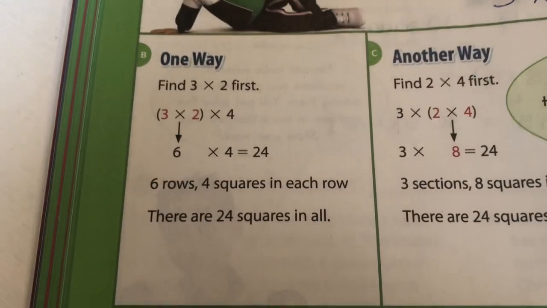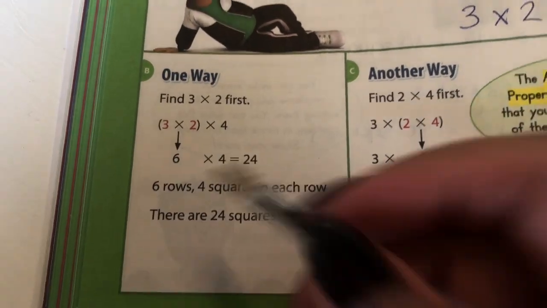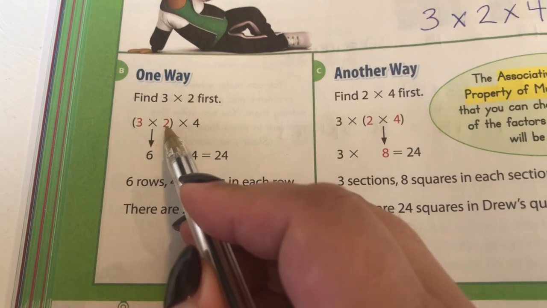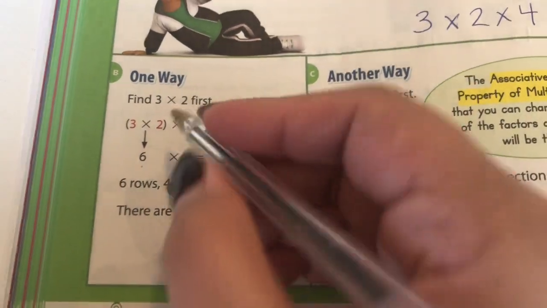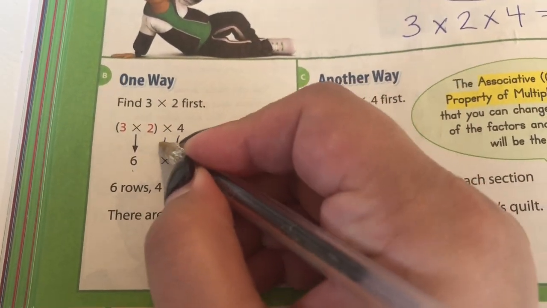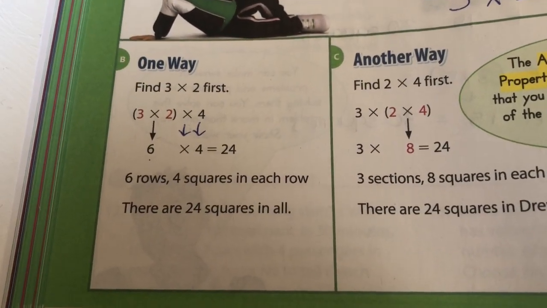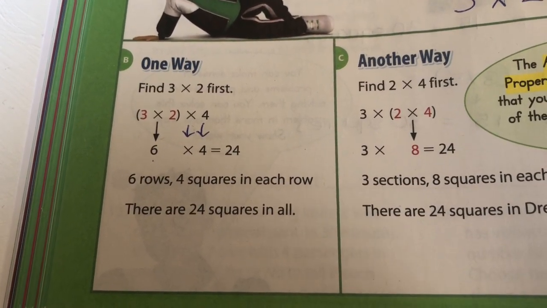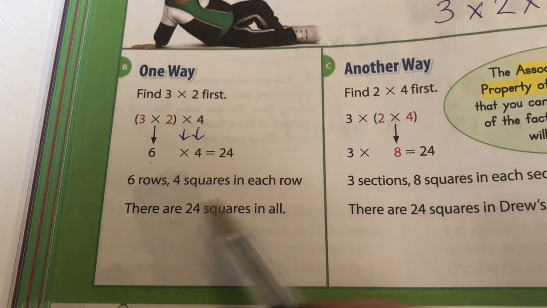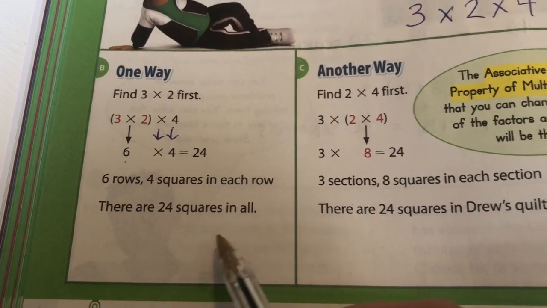Okay? So the first way to figure it out is pretty simple. First you do 3 times 2, which gives you 6. Bring down your multiplication sign, bring down your 4, and just do 6 times 4, which equals 24. You have 6 rows with 4 in each, there's 24 in all.